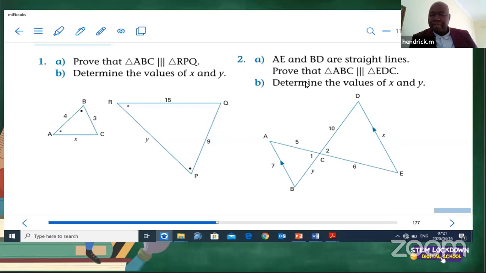Yes? I see some hands. Let's go to the next one. Of course, let's choose Kevin. Kevin? Kevin, can you hear us? Let's try Neo then. Neo, can you prove that triangle ABC is similar to triangle EDC using the information that is given?